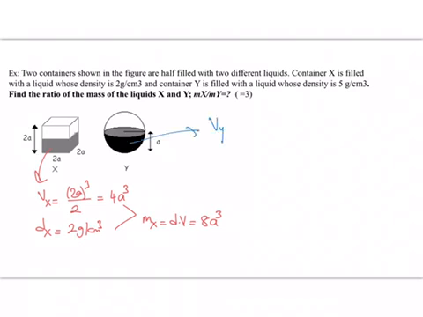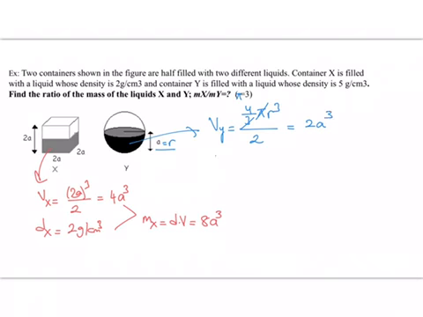The volume of Y is equal to 4 over 3 pi r cube over 2, because half filled. We can take pi as 3, and R is also equal to a, so it is 2a cube.